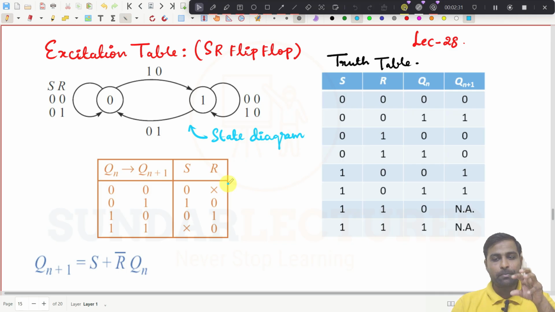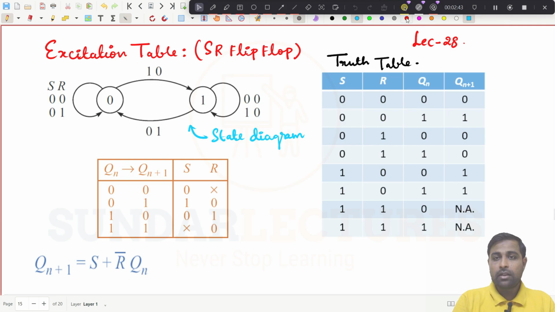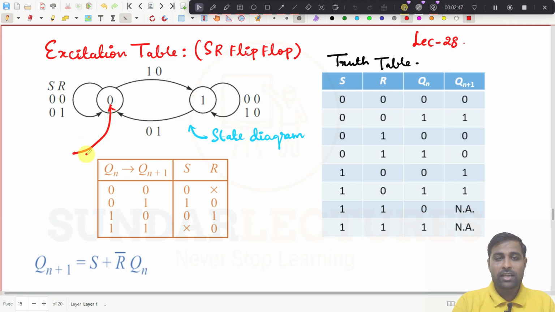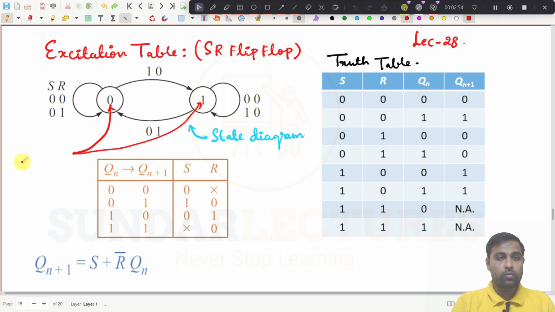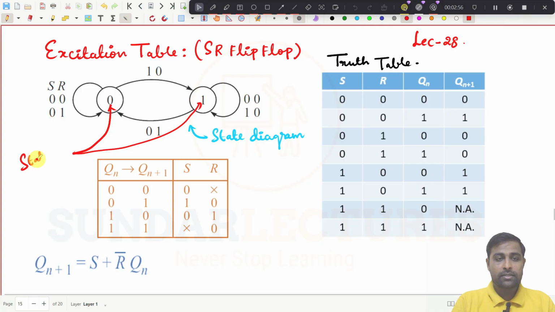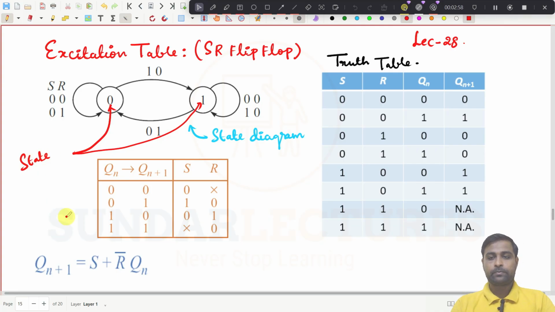If it is the present state and the input changes, then the next state will come. That is the idea. So both of these are states, right?